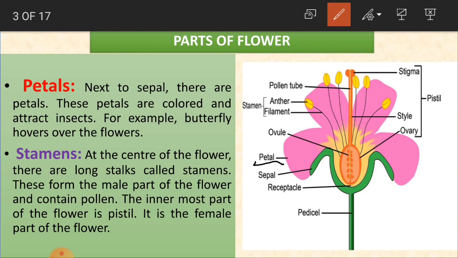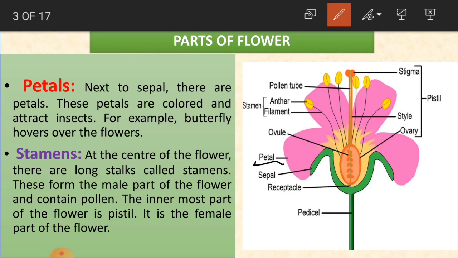These petals are colored and attract insects. What do these petals do? They attract insects. You might have observed butterflies, bees and small birds, hummingbirds, they settle on the flower.